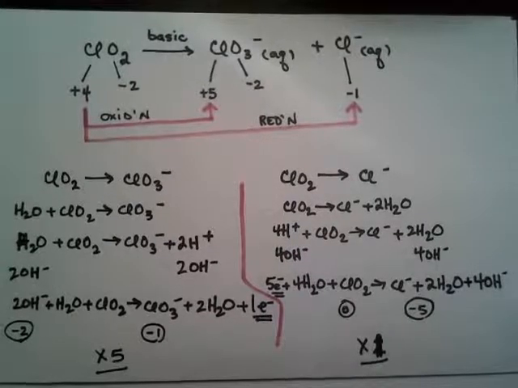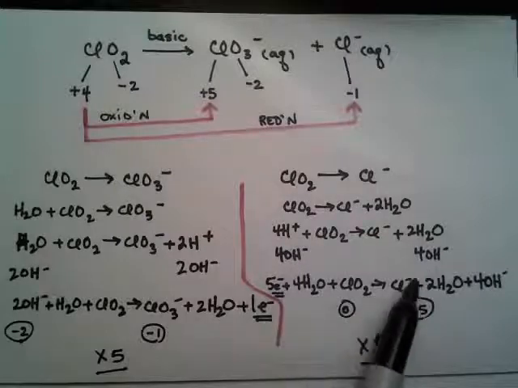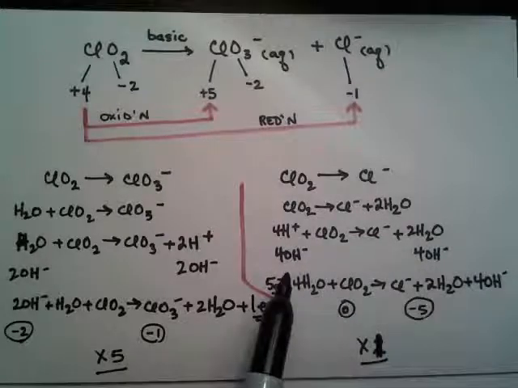ClO2 going to Cl-, the chlorines are already balanced. I needed 2 oxygens on the right, so I added those as 2H2O. Doing that, I've imbalanced the hydrogen by 4, so I need 4H+ on the left. And since it is in a basic medium, I add the same number of hydroxide ions to both sides.